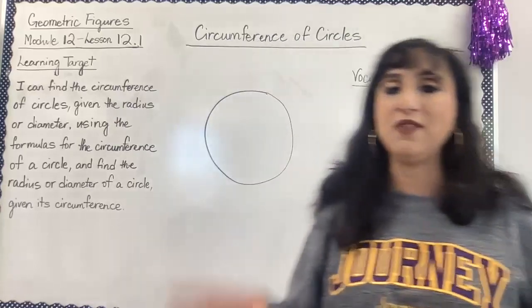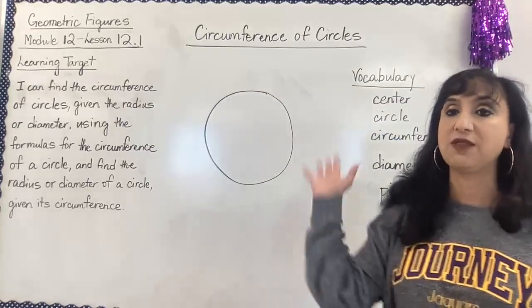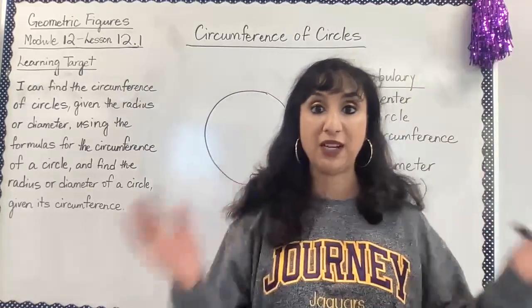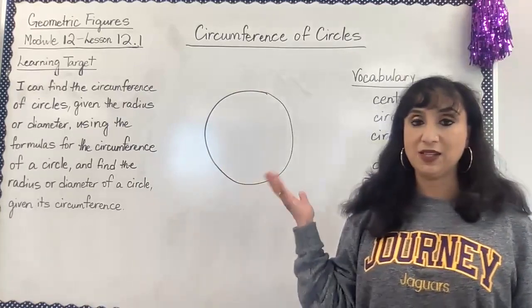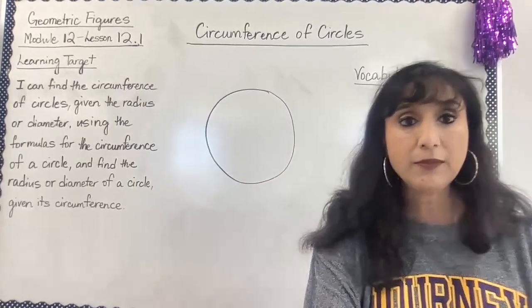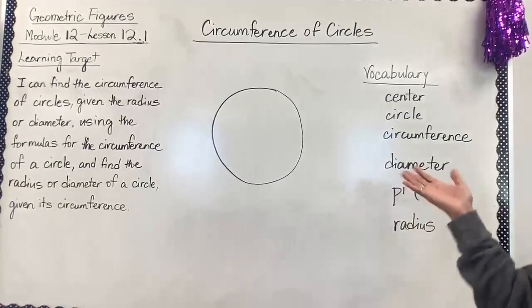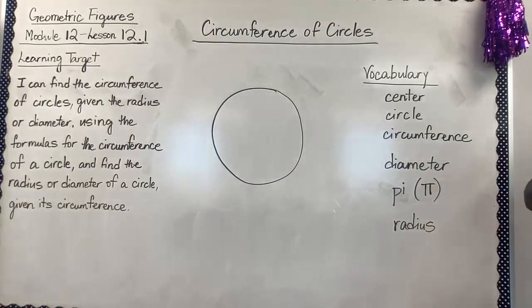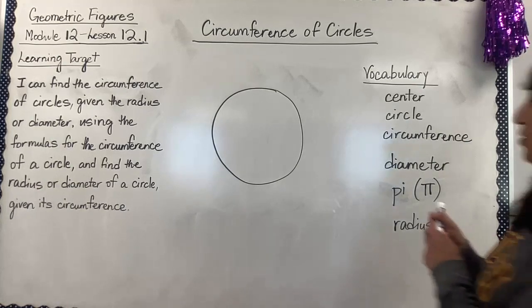Okay. So I've just drawn out a circle. Of course, it's freehand, so it's not going to be a perfect circle, but this is representing a circle. If I look at this, what is a circle? A circle is the set of all points in a plane that are the same distance from a point called the center.